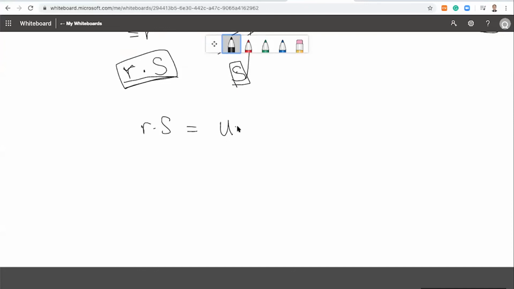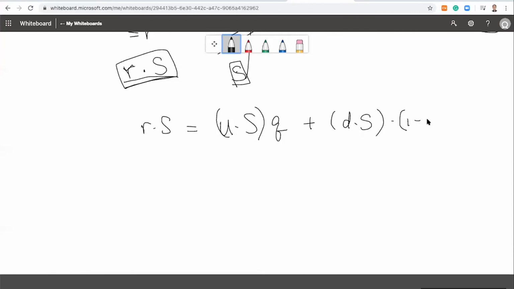It's U times S times Q plus D times S times 1 minus Q. So the risk neutral guy doesn't care whether he invests in the first game or in the second game, as long as their expected values are the same.